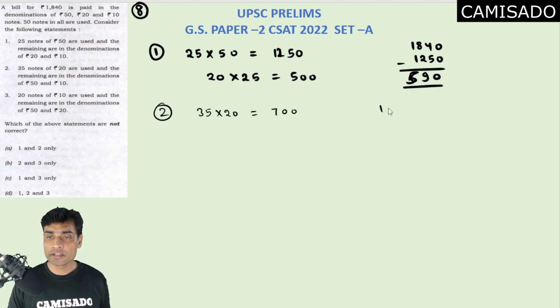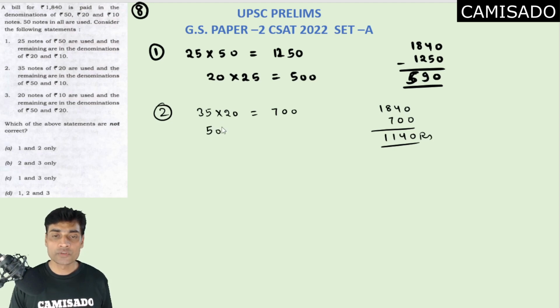Now again, how many rupees do we require more? It's around 1140 rupees. The highest denomination available is 50, and the remaining notes are 15 notes. When we multiply this, you will get around 750, and we require 1140. So this case is also not possible. Case number 1 and case number 2 are both not possible at all.